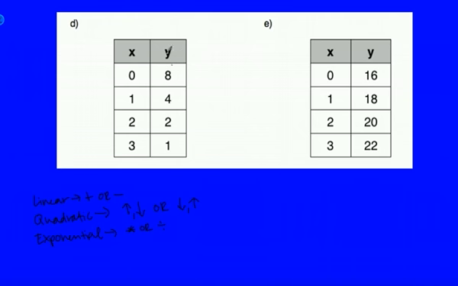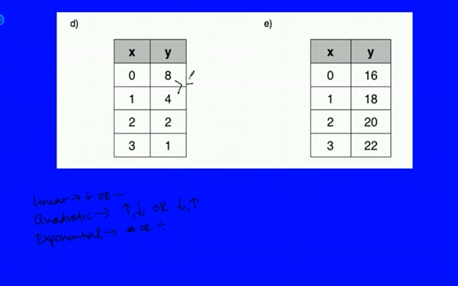So to begin on D, you're going to start with 8. And you're going to say, to get from 8 to 4, what did you have to do? So you could have either subtracted 4, or you could have divided by 2. So let's look at what happens from 4 to 2 to determine what would have happened here. To go from 4 to 2, you would have to divide by 2.